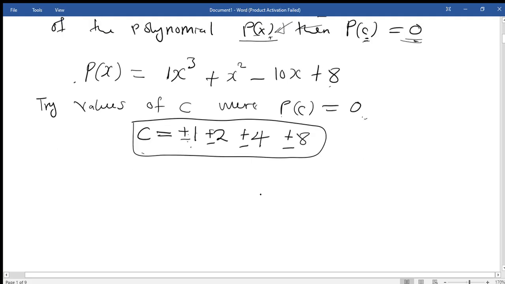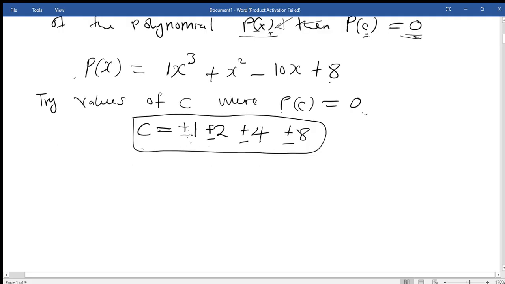So the first value we're going to pick, let's try positive 1. If positive 1 is inserted in here and the function gives us a 0, then it will help us to break this polynomial. So we try x equals positive 1. When you say p of 1, what am I going to have?